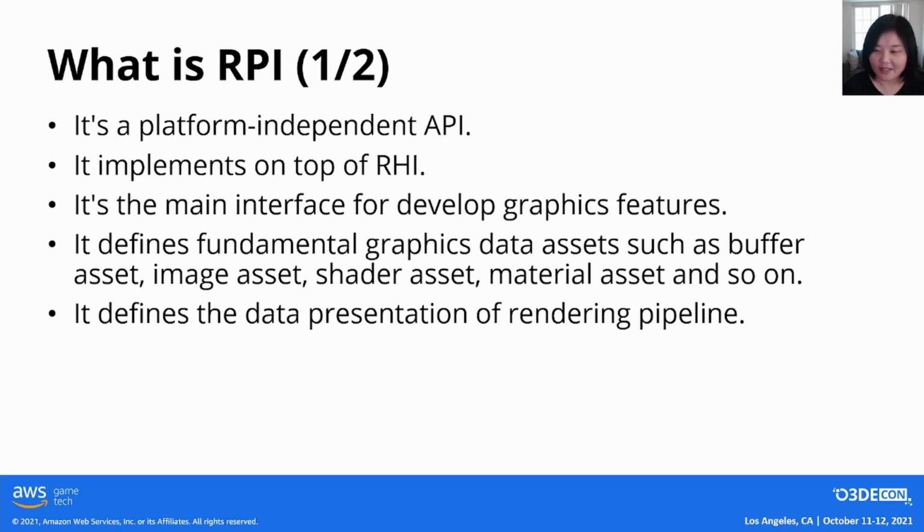Because of that, RPI defines fundamental graphics resource assets such as buffer assets, image assets, shader assets, material assets, and so on. It also defines the data representation of the rendering pipeline and uses it to construct the rendering frame.